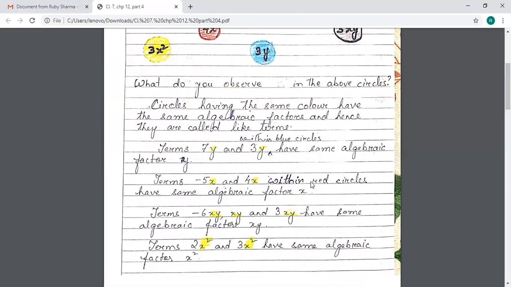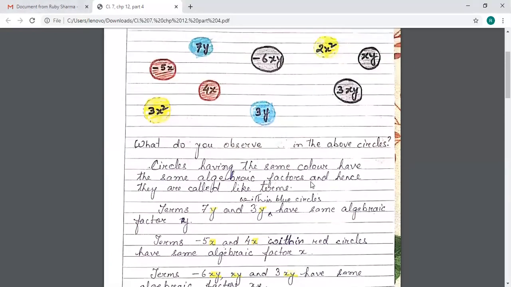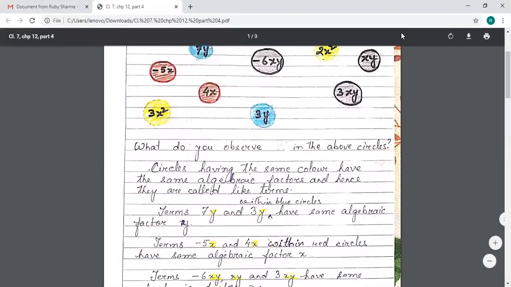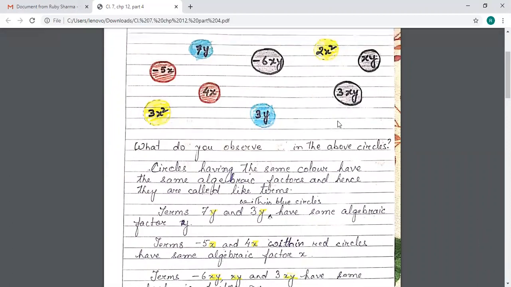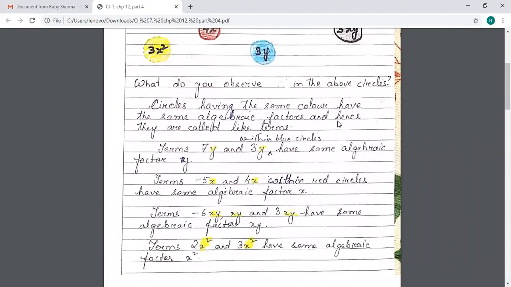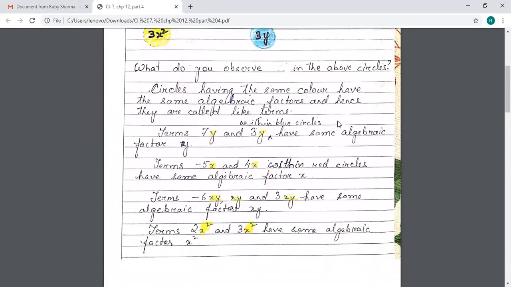Similarly, we have the next one, see, minus 6xy, xy, 3xy. So these terms, minus 6xy, 3xy, xy, they have the same algebraic factors, xy. And hence, they are also called like terms.